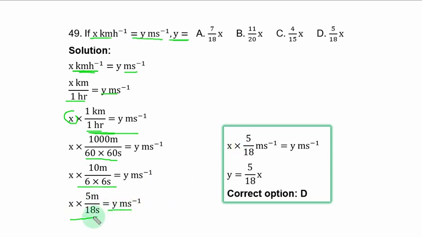If you take seconds up, the power can be expressed in this form. The power become negative. So you have s to the power of -1. In other words, meters per second. The two units are now the same. Therefore, y is equal to 5/18s. D is the correct option.